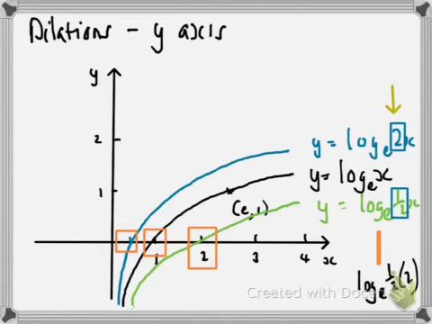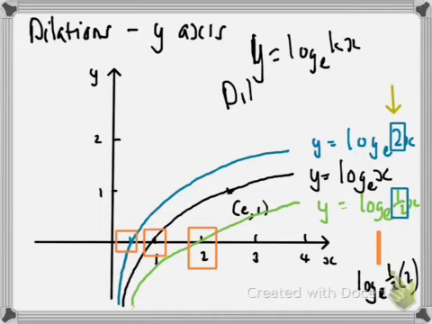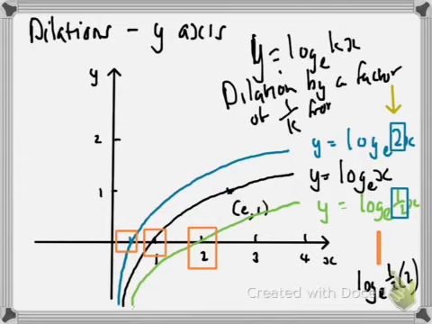to the y-axis. So here, if we've got y equals log e of kx, our dilation will be by a factor of 1 over k from the y-axis. So take this one for an example here.